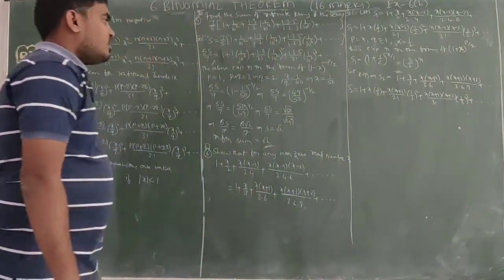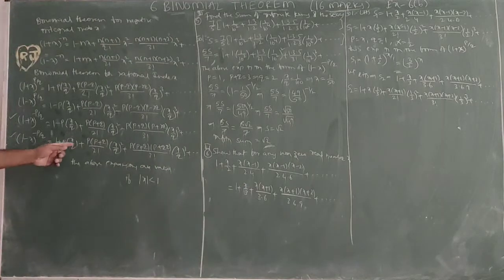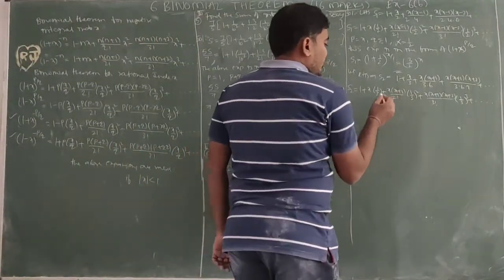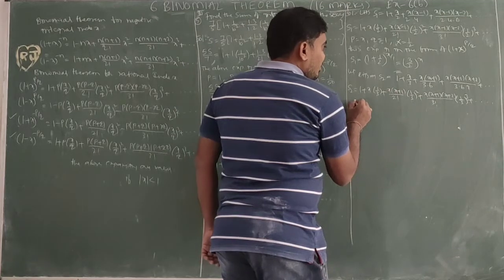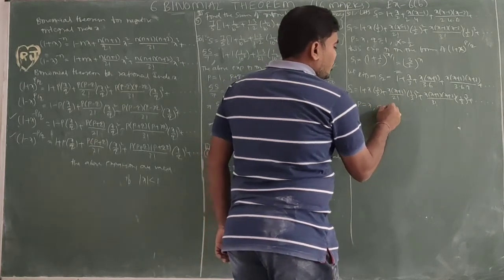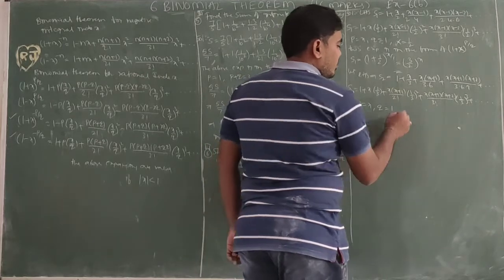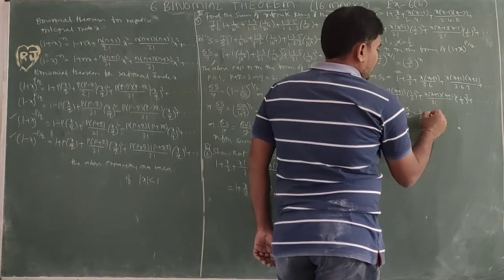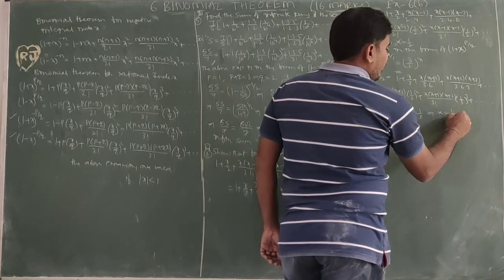So here it is the formula where the terms are all positive and increasing, so (1 - X) to the power -p/q. If we observe, p = x, q = 1, and X/q = 1/3, so X = 1/3.